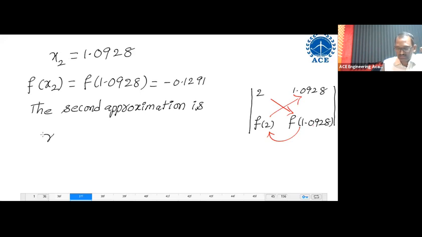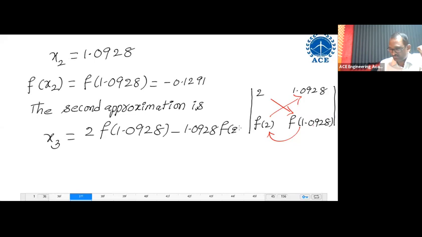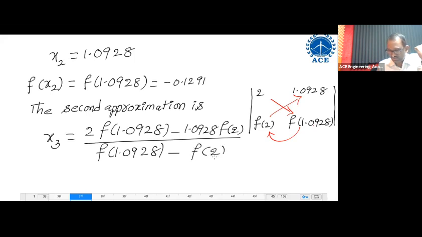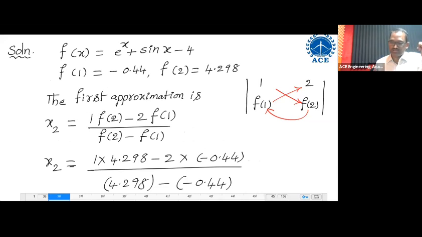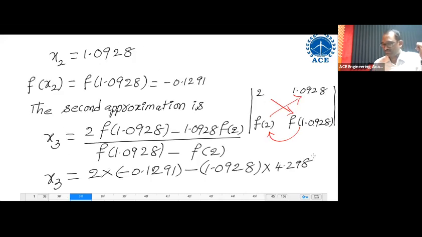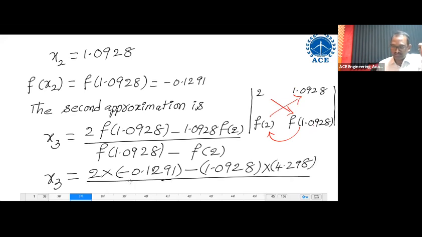So x3 is equal to 2 into f(1.0928) minus 1.0928 into f(2), by f(1.0928) minus f(2). That is 2 into minus 0.1291 minus 1.0928 into 4.298, by minus 0.1291 minus 4.298.